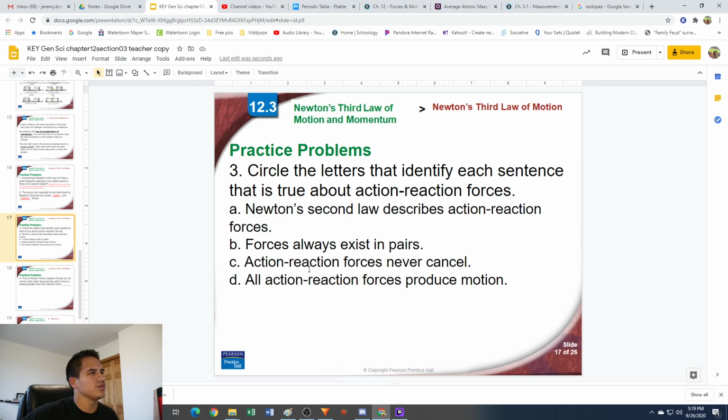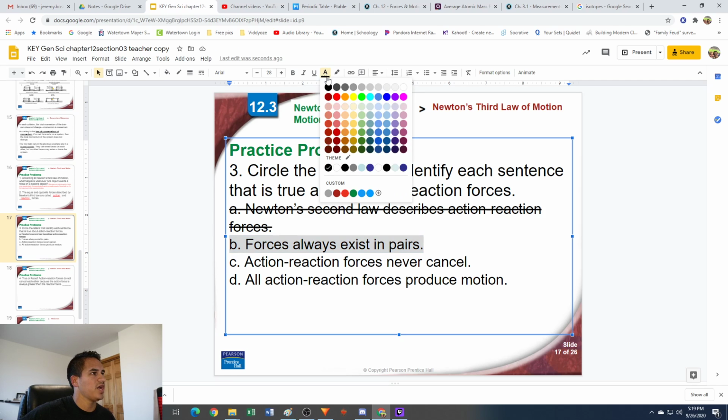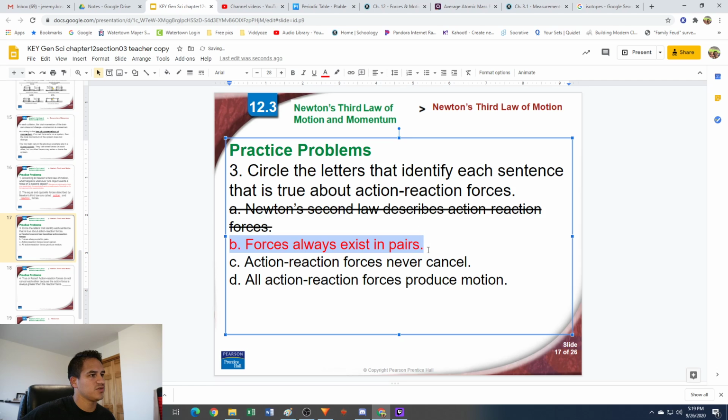Number 3, circle the letters that identify each sentence that is true about action-reaction forces. So A, Newton's second law describes action-reaction forces. Nope, that is not true. That is Newton's third law, so not that one. B, forces always exist in pairs. That is true with action-reaction forces and all forces, so that is true.